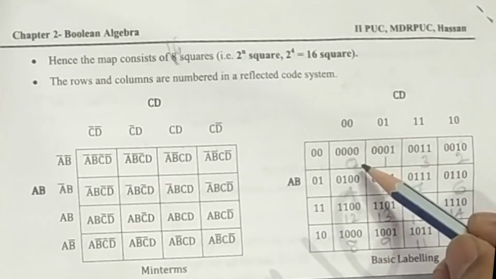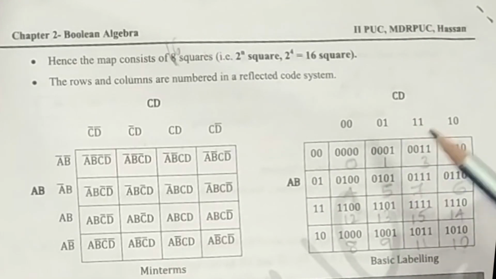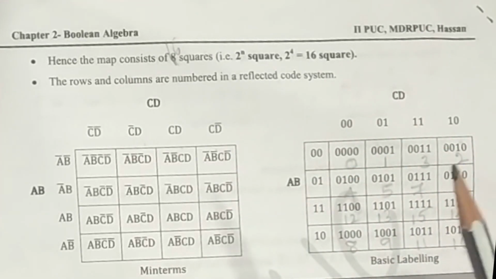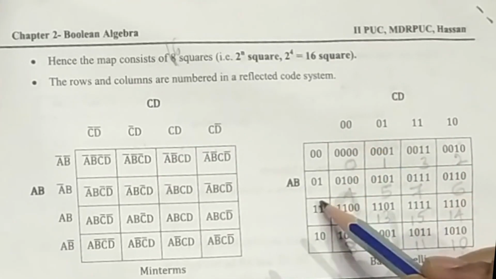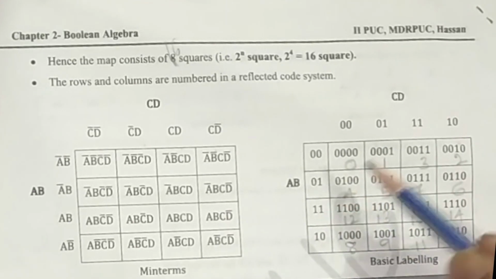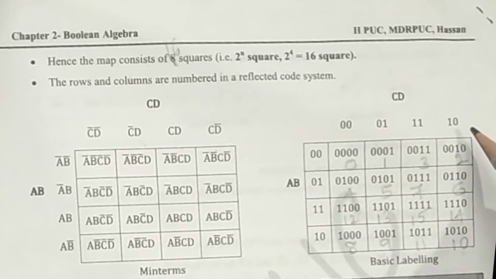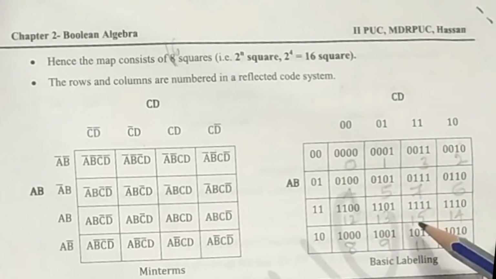0000 is 0, correct? 0001, 0011, 0010. Then 01 combined with 00 again gives 0100, 0101, 0111, 0110. Then 1100, 1101, 1111, 1110.